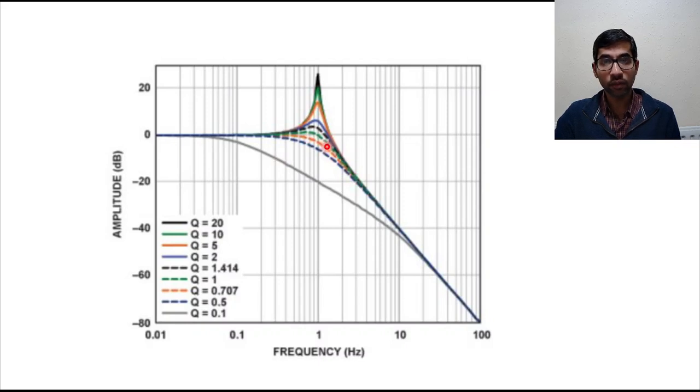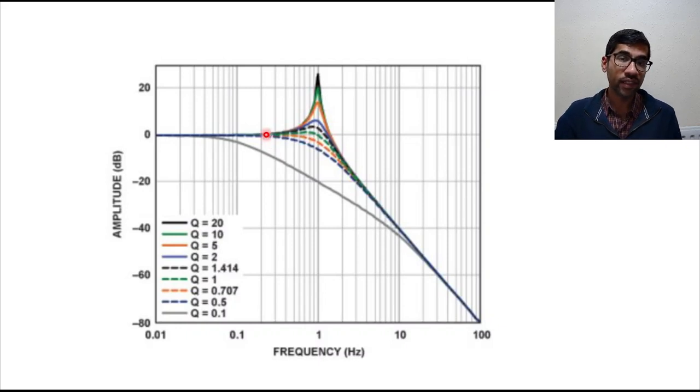But as you go above Q equal to 0.707, which is 1 over square root 2, you start to get a ripple in your filter response. Okay, so for example, you have a ripple here. So your response is no longer just straight and then going down, but it goes and then there's a small ripple before it starts to fall down.